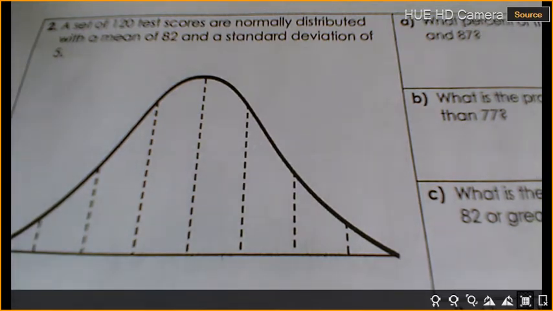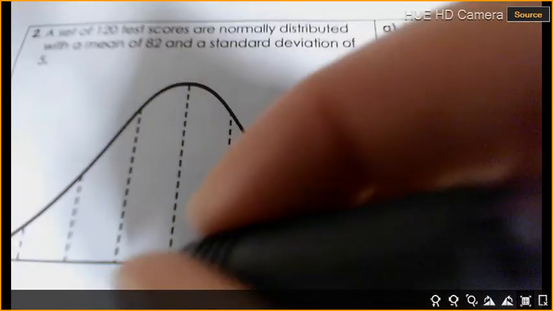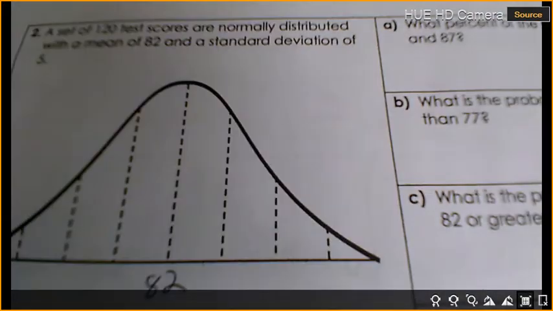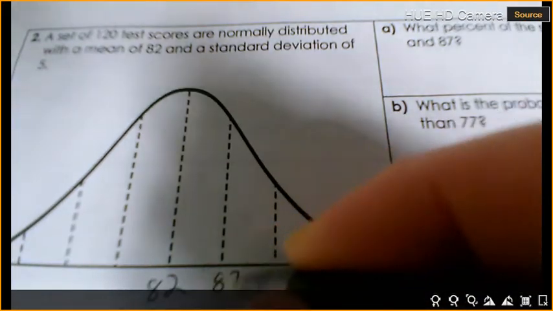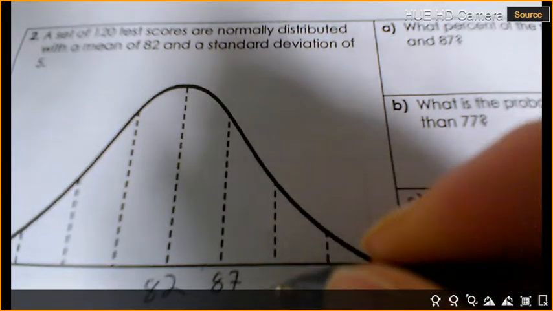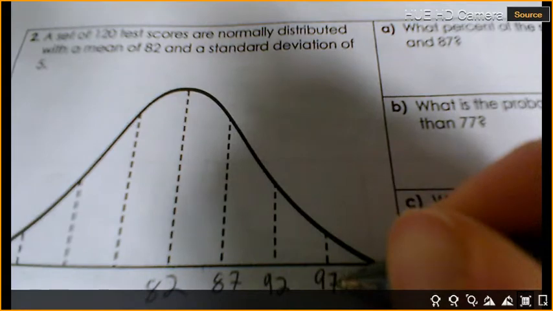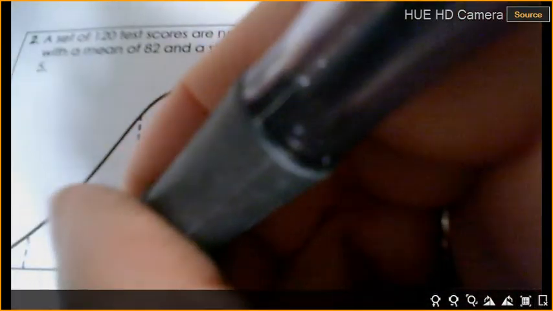Okay, so the mean is 82. Where does that go? Middle. And then how do I know how much the next one is? Okay, so what's 82 plus 5? 87. And then what's 87 plus 5? And then what's 92 plus 5? Okay. Now we're going to go the opposite way. 82 minus 5 is? Good. 77 minus 5 is?